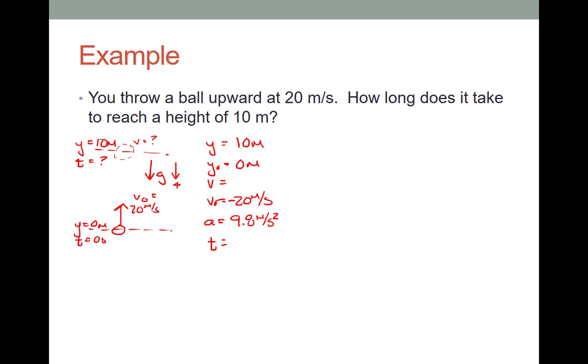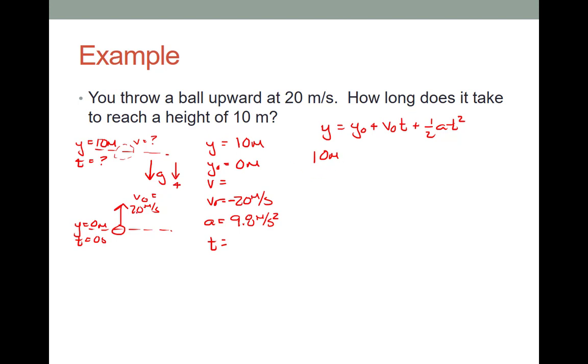Okay. If you think about the equations, the only one that has a chance of us finding this answer in one step is using the y equals y naught equation. Final height is 10 meters. Oop, pause just a second.